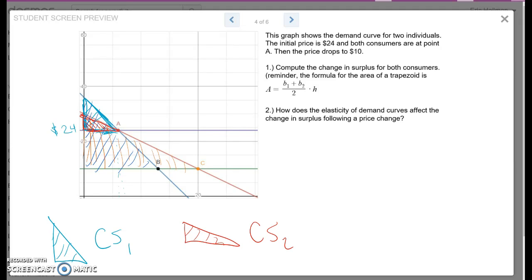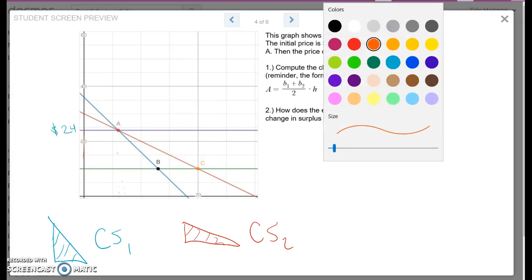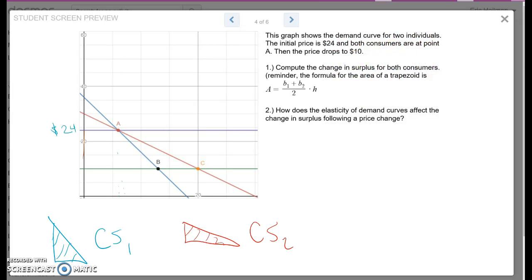If we want to find the change in surplus, I'm going to erase some stuff to make the change in surplus clearer. For the blue consumer, consumer 1, the change in surplus is going to be this trapezoid right here.